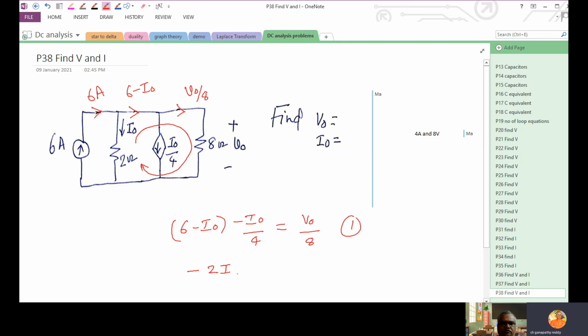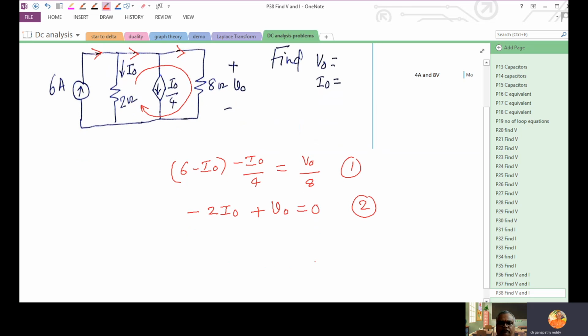Minus 2 into I naught plus V naught equal to 0.